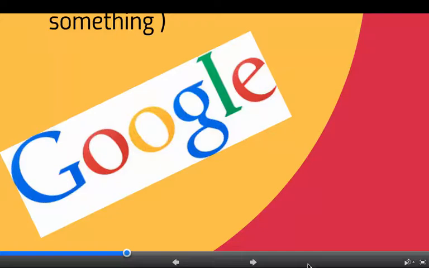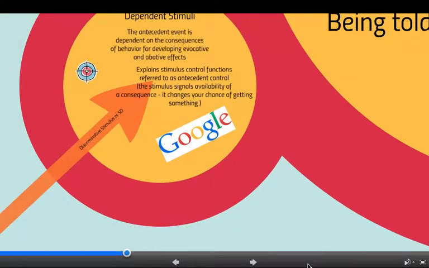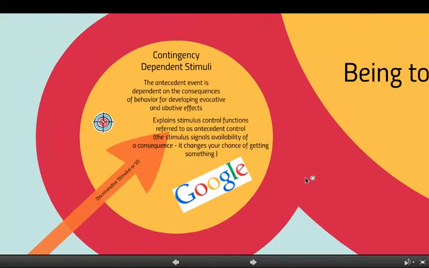So as a result of the presentation of the stimulus, Google, which initially meant nothing, and as a result of the consequences that followed in the presence of that word, Google, and as a result of those consequences being reinforcing to us, what happens is that this word Google then takes on what's referred to as stimulus control. It acquires control over our behavior, and it functions as a discriminative stimulus, also referred to as an SD.